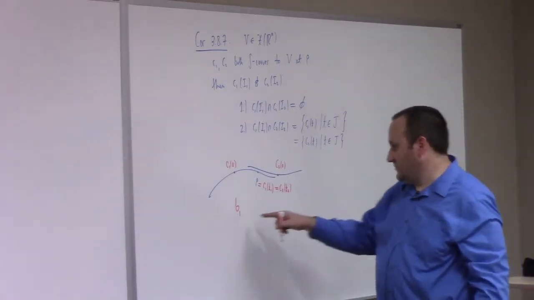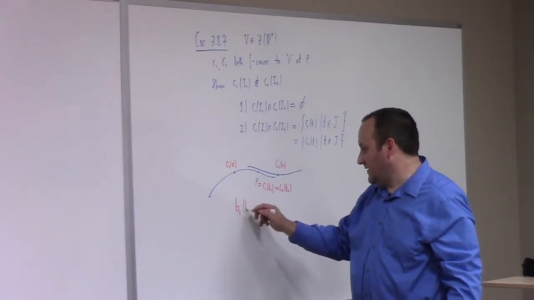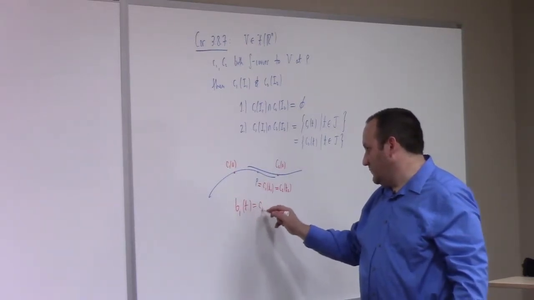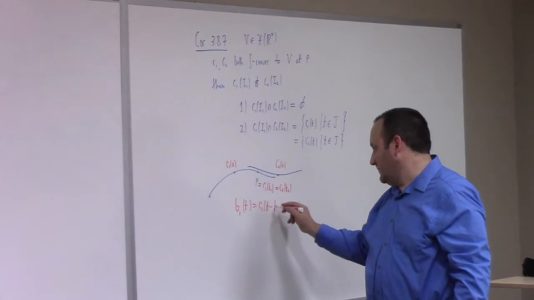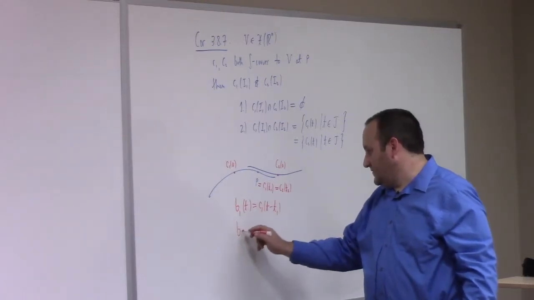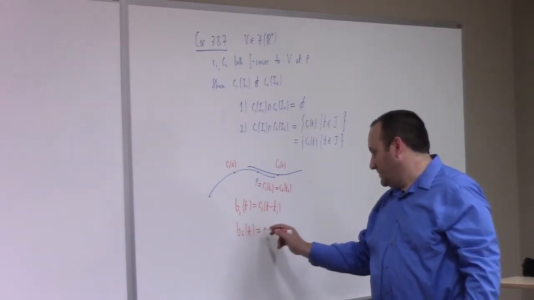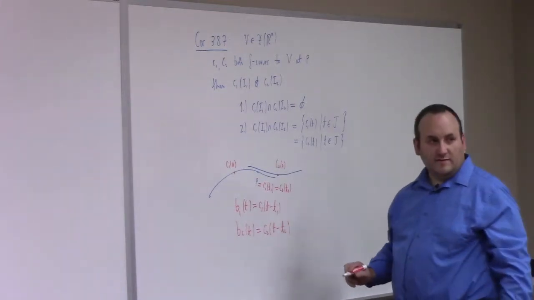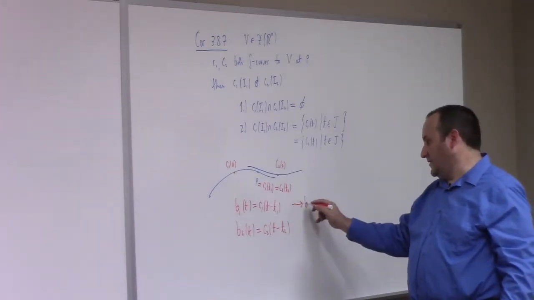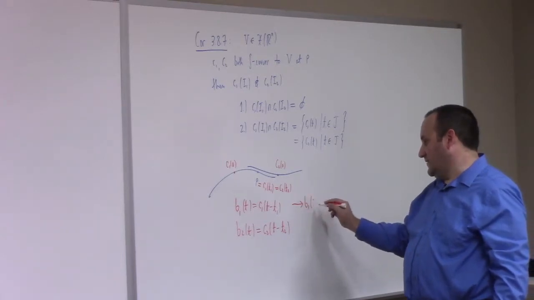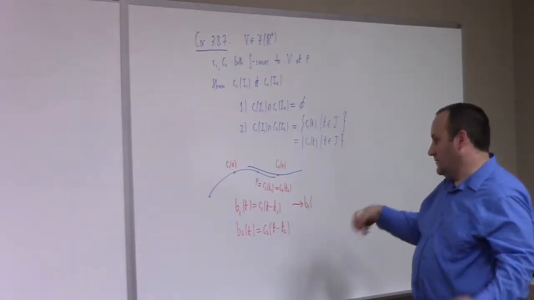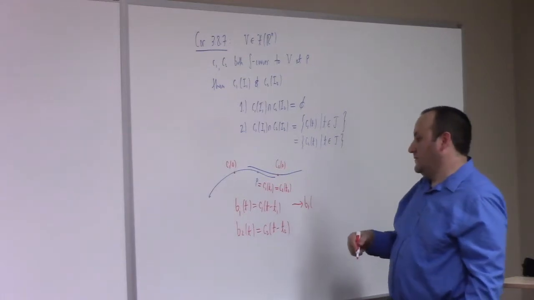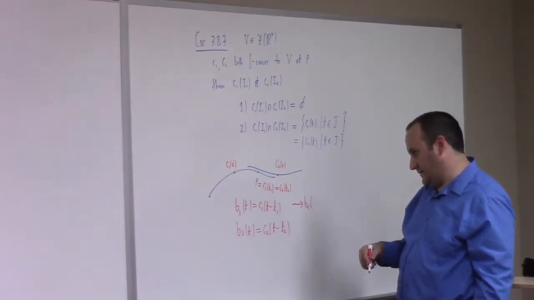And so B1 of T, I could make C1 of T plus T1. And I could make B2 of T equal to C2 of T plus T2. Am I doing this right?